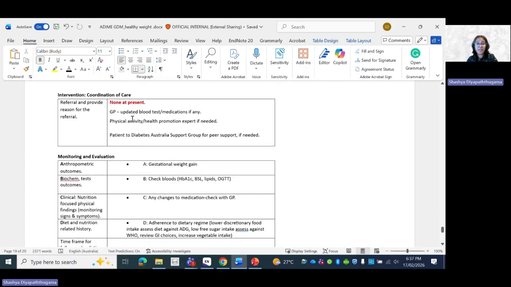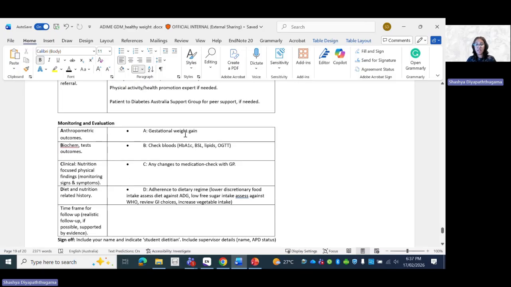Then for coordination of care, I haven't written anything at present, but you can think of talking to the GP, updating the blood tests, and trying to improve the physical activity if needed, because she's only walking 15 minutes in the weekend, so that might be a consideration.